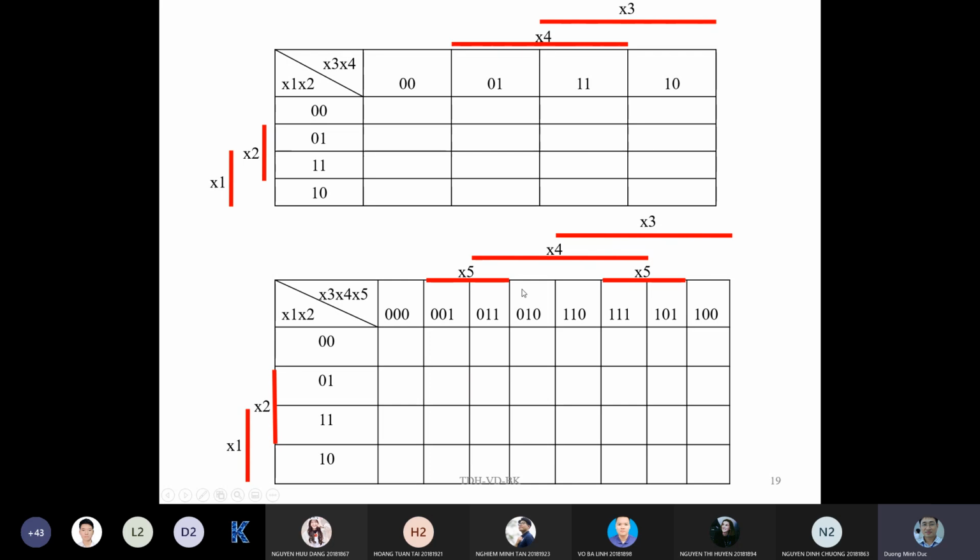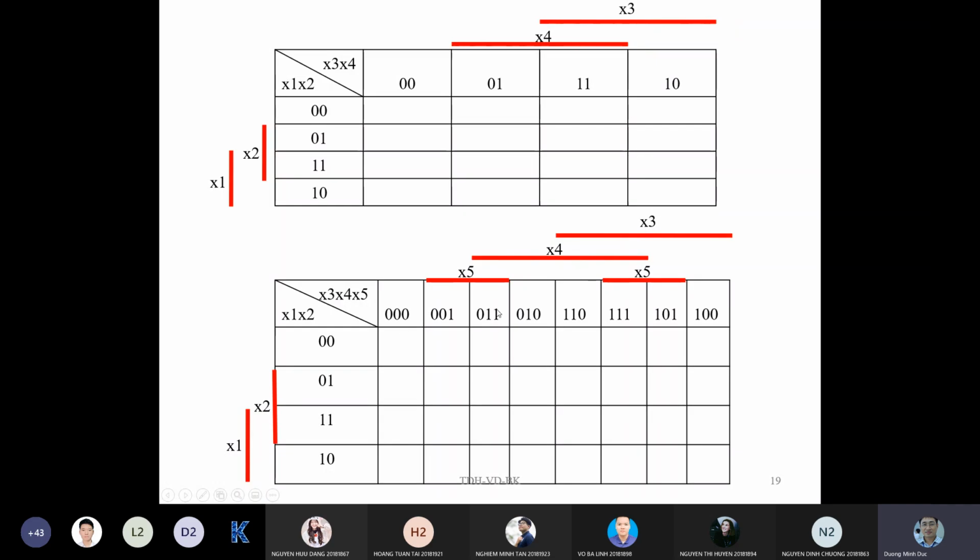For 5 variables, we separate into 2 groups. The first group with 2 variables and the second group with 3 variables. With 2 variables, we already know. But for 3 variables, it is a little bit complicated.